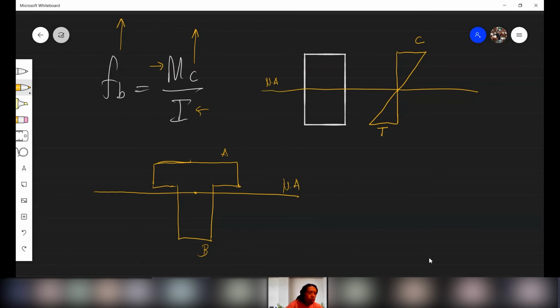Very good. So the fiber to choose is the farthest fiber from the neutral axis, whether in compression or in tension. We don't care whether it is tension or compression. Basta, the farthest from the neutral axis is what you choose.